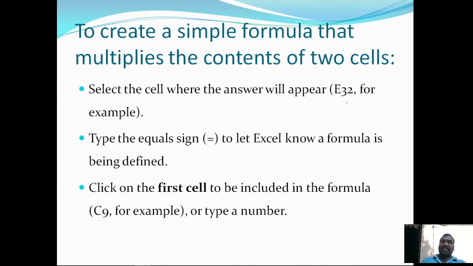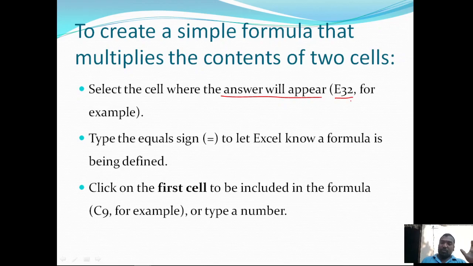Now, to create a simple formula that multiplies the content of two cells, we are going to write a simple formula. That formula multiplies the content of two cells. First of all, select the cell where the answer will appear. So E32 for example.